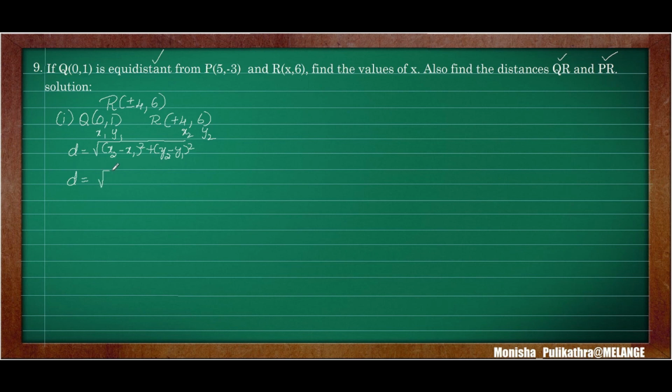So x2 is 4, so 4 minus 0 whole square plus 6 minus 1 whole square. So d is equal to the square root of 4 square plus 5 square, which is 16 plus 25. So it will become root 41.